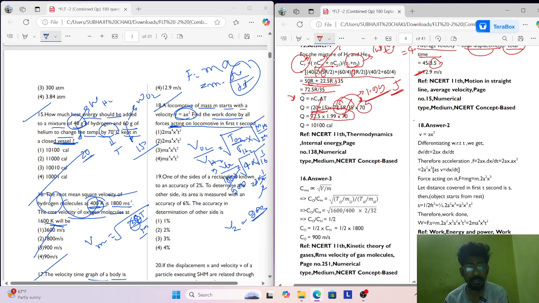It is not told that a is a constant, so a will be the acceleration. So F equals m into v dv by dx, which is 2ax dx by dt, right? F equals 2ax into dx by dt, right?